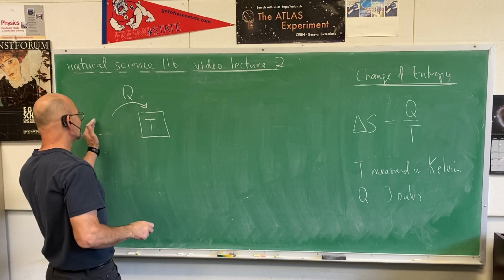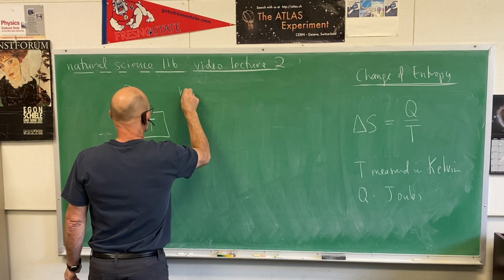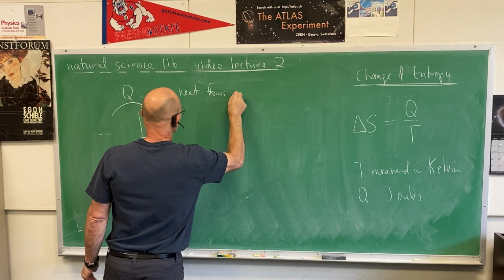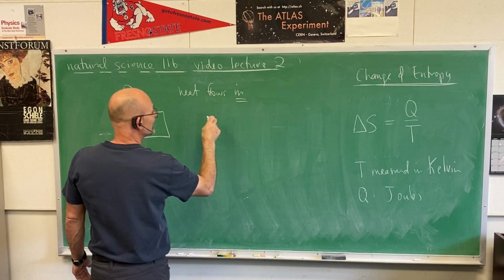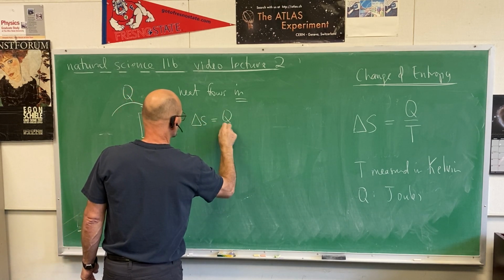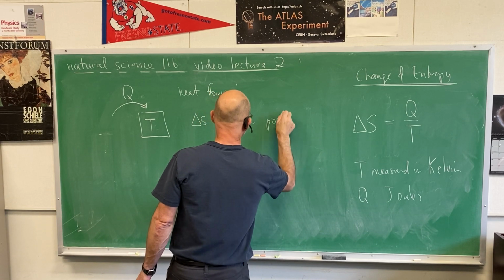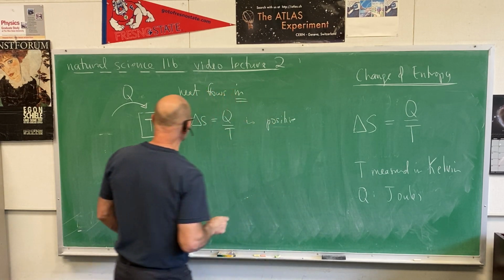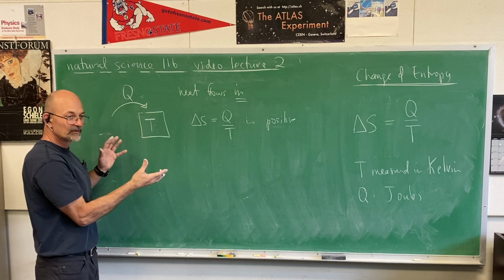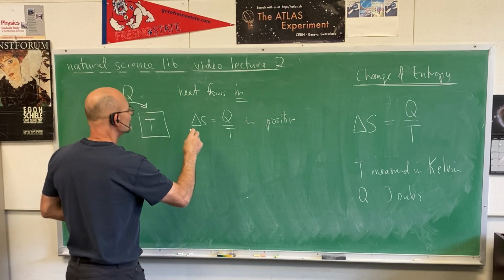So heat flows in, then we have delta S equals Q over T is positive. Heat flows in, disorder increases. Okay, just like I had in my example a minute ago.